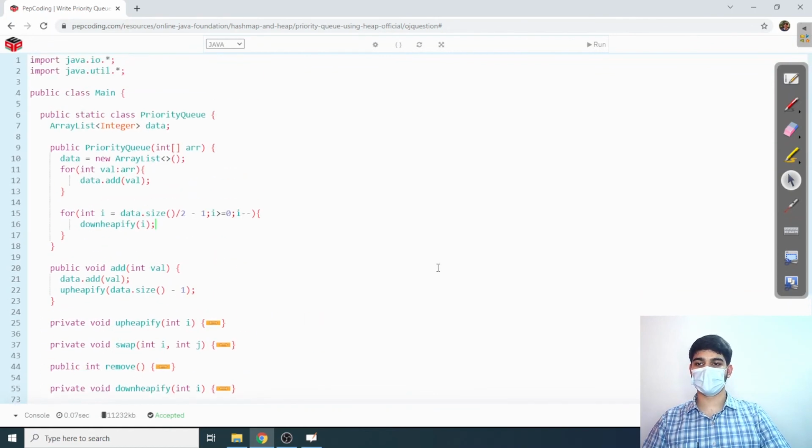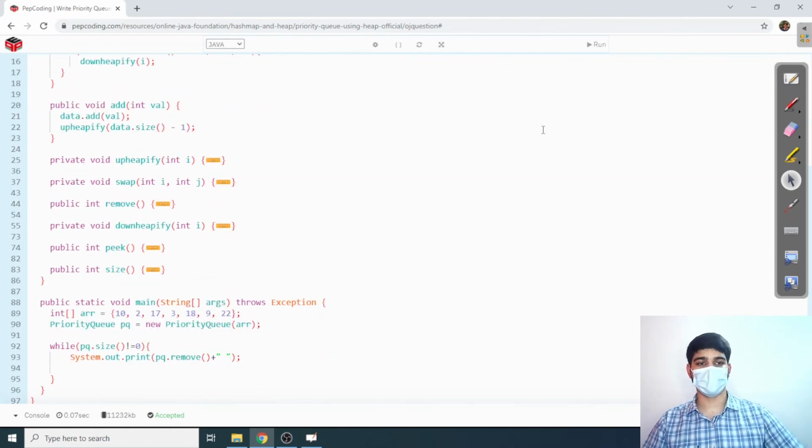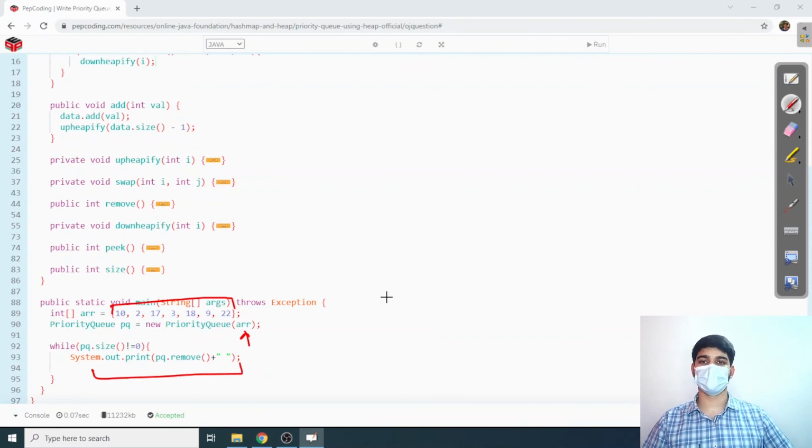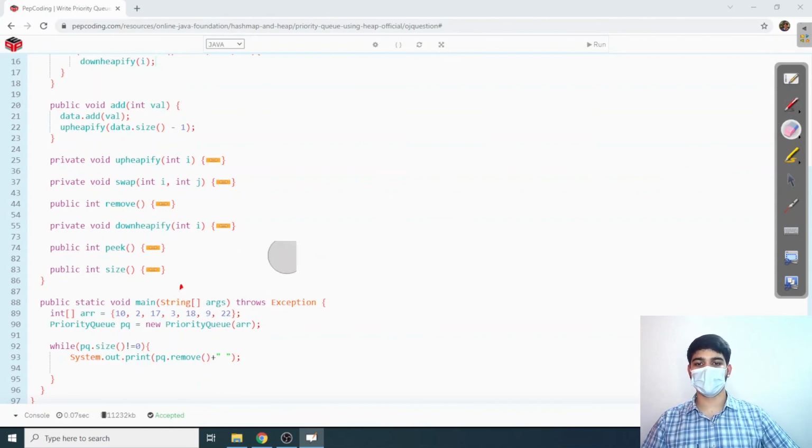Now, if we look over here, I have taken an array of random values, passed it to my priority queue, and I'm printing all of those values one by one after removing them from the priority queue. That means I should get the least value, which is 2, then 3, then 9, then 10, then 17, then 18, and then 22.